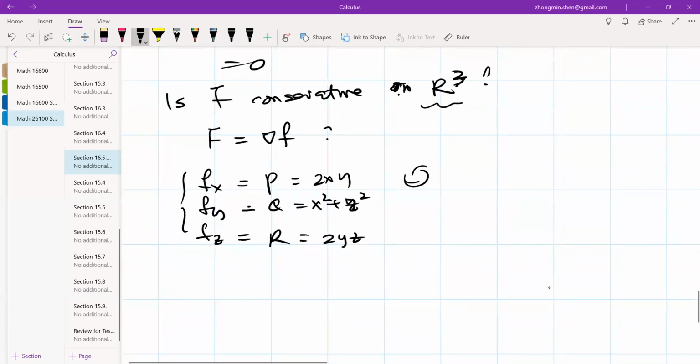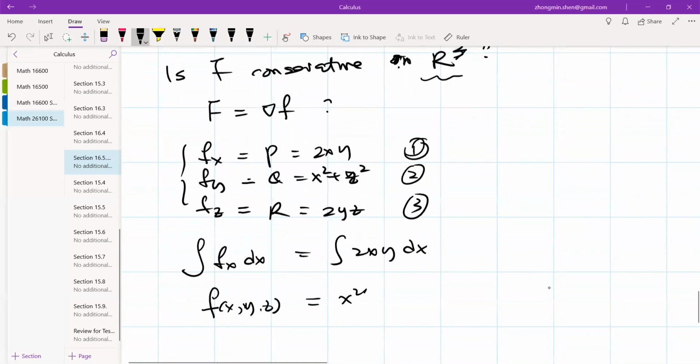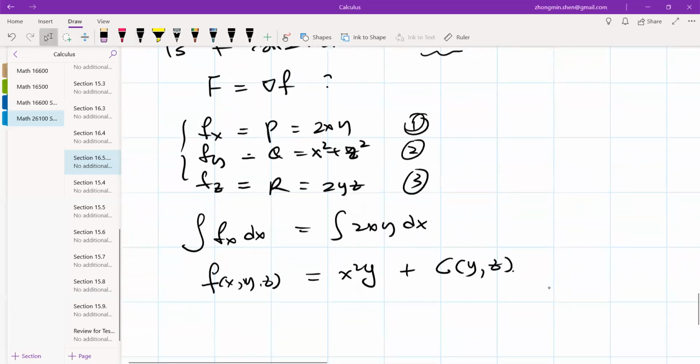This is equation 1, equation 2, and equation 3. I'm going to integrate the first equation on both sides with respect to x. So the left side is f(x, y, z), and the right side is x squared y plus a constant, where the constant depends on y and z.